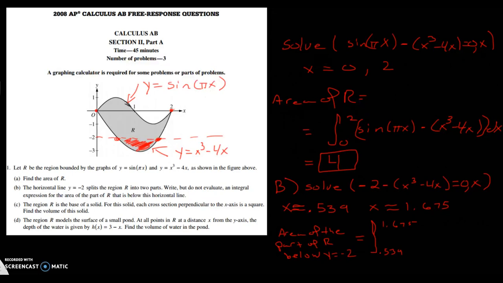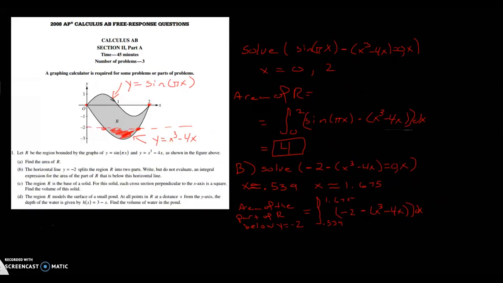Now it said do not solve, so all we have to do is write it, which is good. So negative 2 minus the quantity x to the third minus 4x, dx.